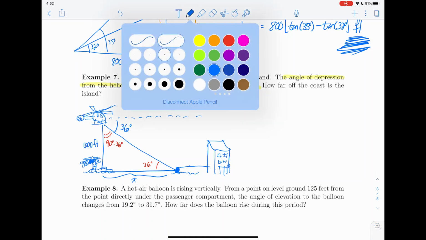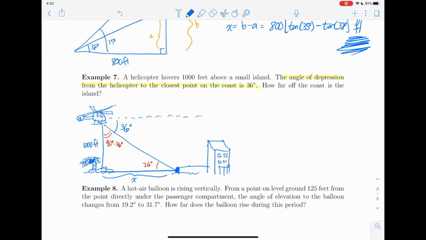Regardless of which way you do it, you could solve for x. We'll say that tangent of 36 is opposite over adjacent. So the tangent of 36 degrees is equal to 1,000 feet over x, which tells me that x is equal to 1,000 over the tangent of 36 degrees, in feet.